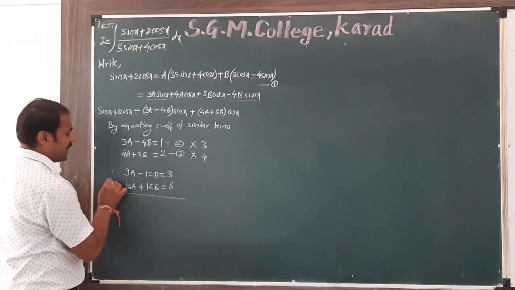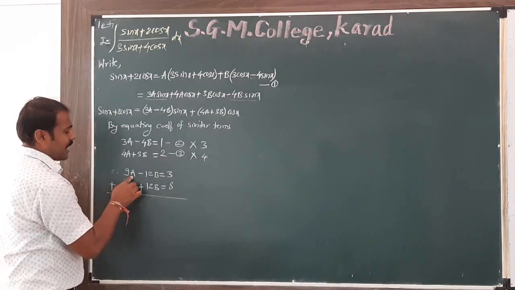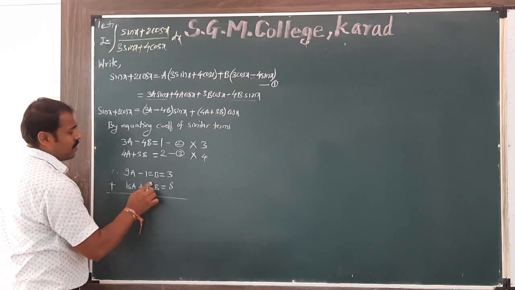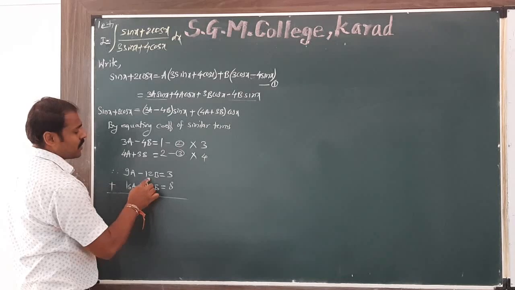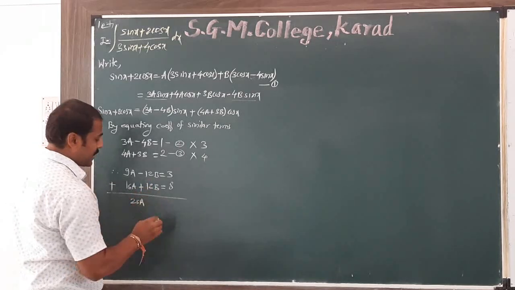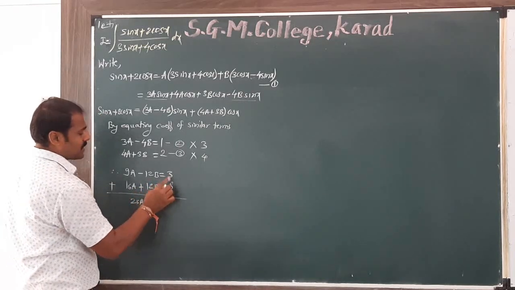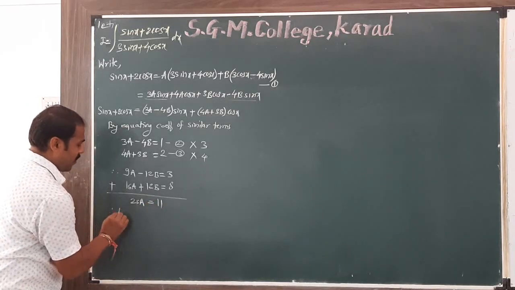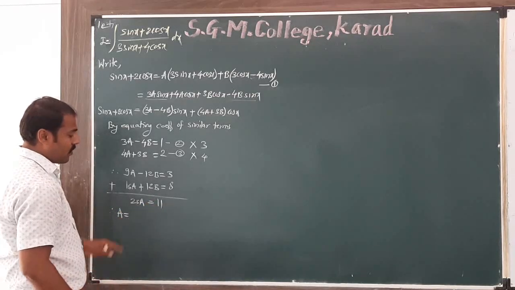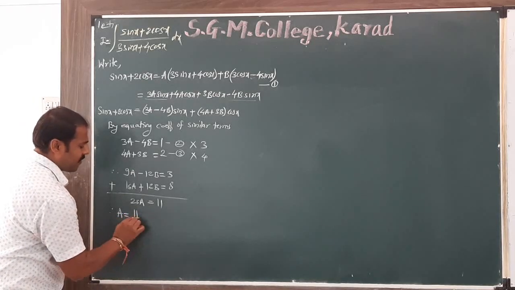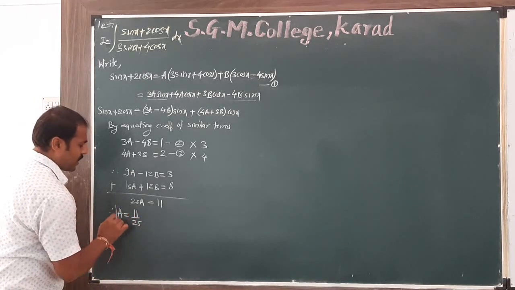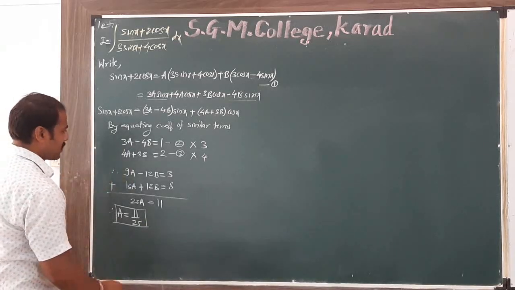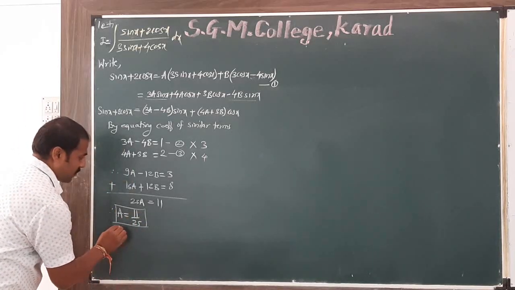Okay, now adding these two equations, 9a plus 16a, which is nothing but 25a, minus 12b plus 12b get cancelled, and 8 plus 3 is nothing but 11. So value of a is what? 11 divided by 25.